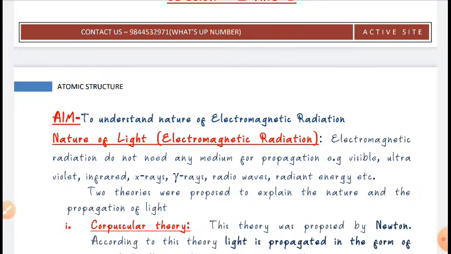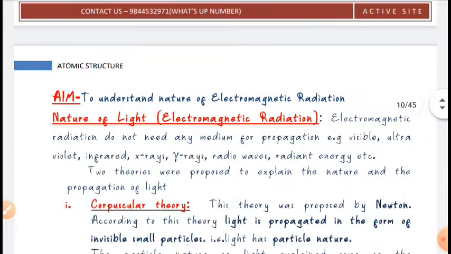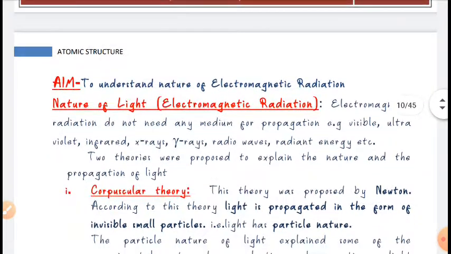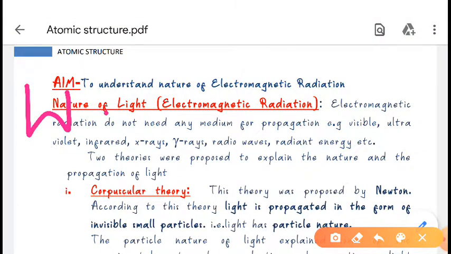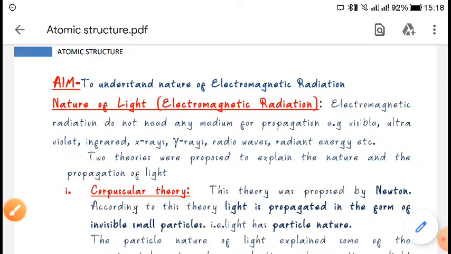Before starting electromagnetic radiations, we will start with what a wave is. I will give you one example. I hope all of you have thrown a stone in a river or a pond.